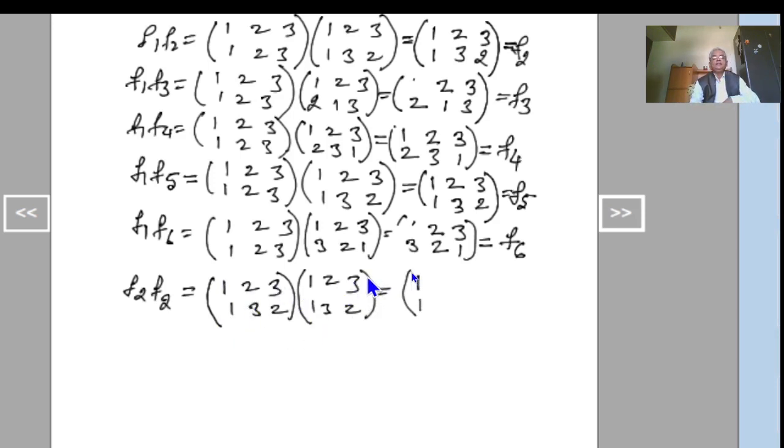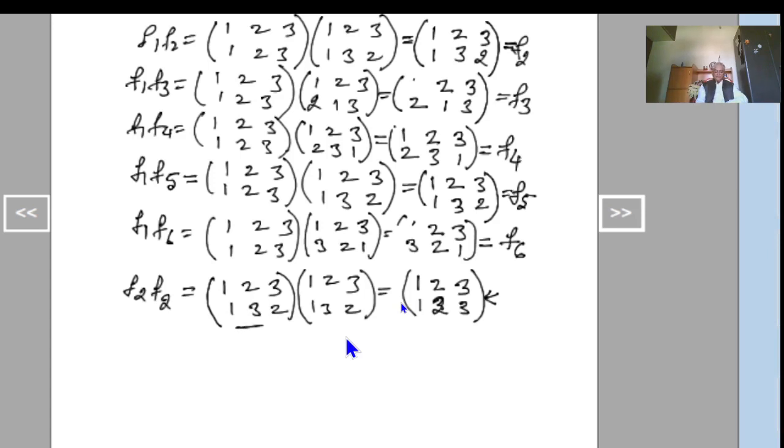2 to 3, 3 to 2. That is, 2 finally goes to 2 itself. 3 to 2, 3. That means 3, 3. Here we can observe that this is the identity element.